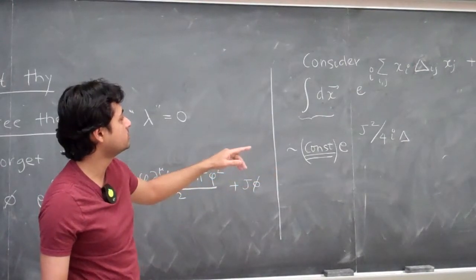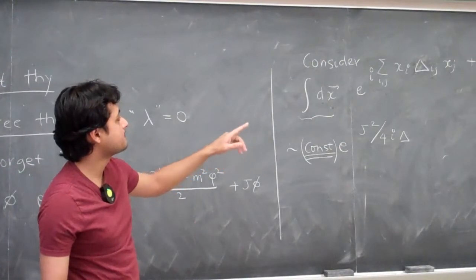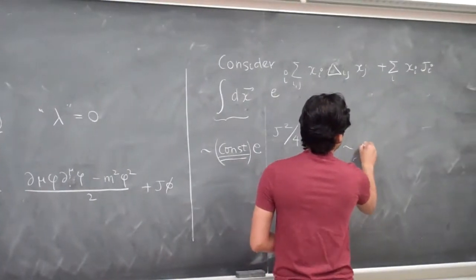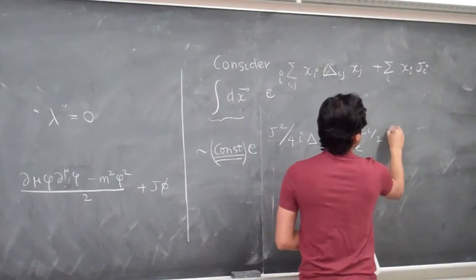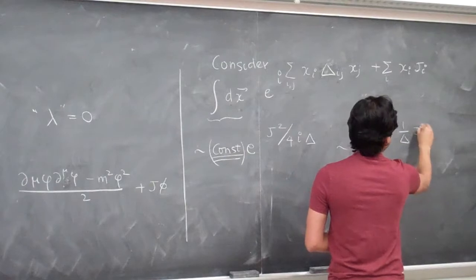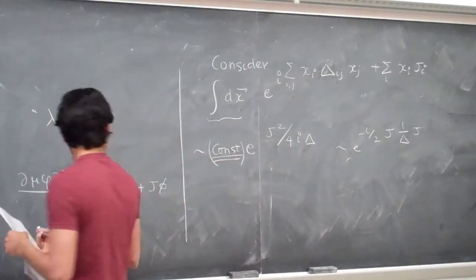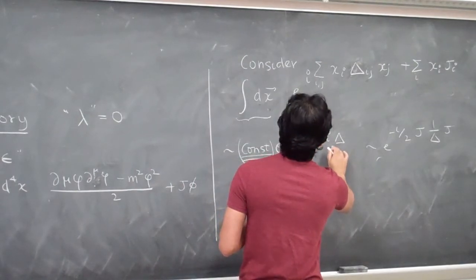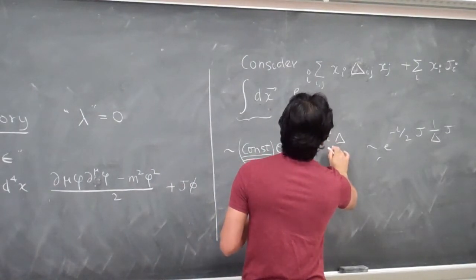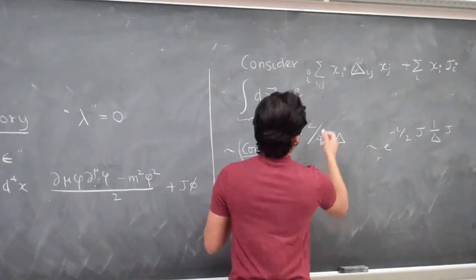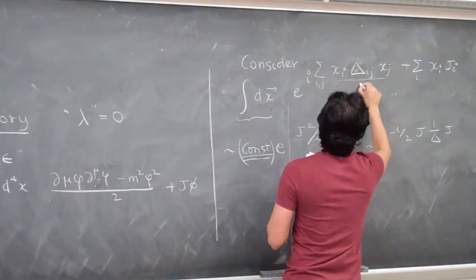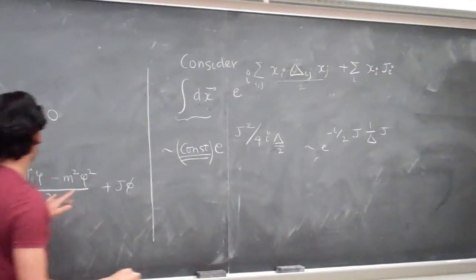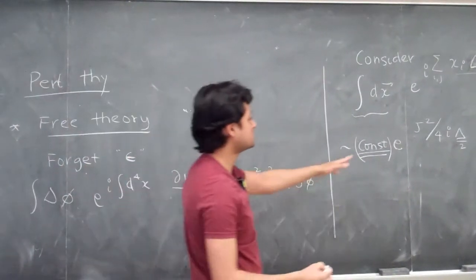So this will become e to the minus I over 2, j, 1 over delta, j. I think there is a 4 or something supposed to be here. Oh, I am considering this. Okay, this is just to make it parallel to the half here. So anyway, this is what it looks like.